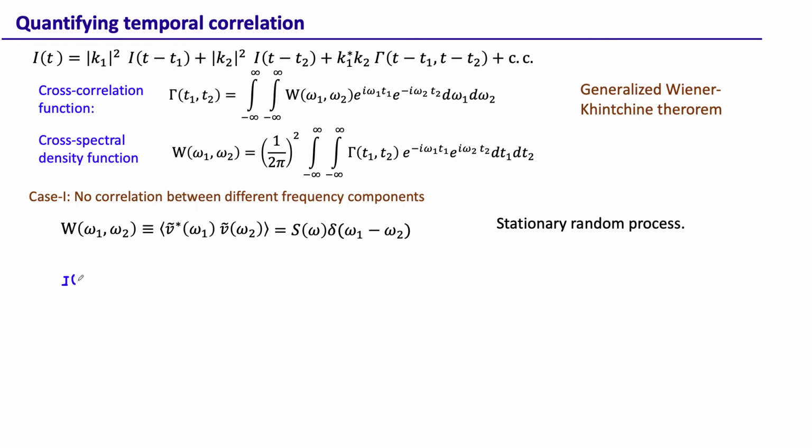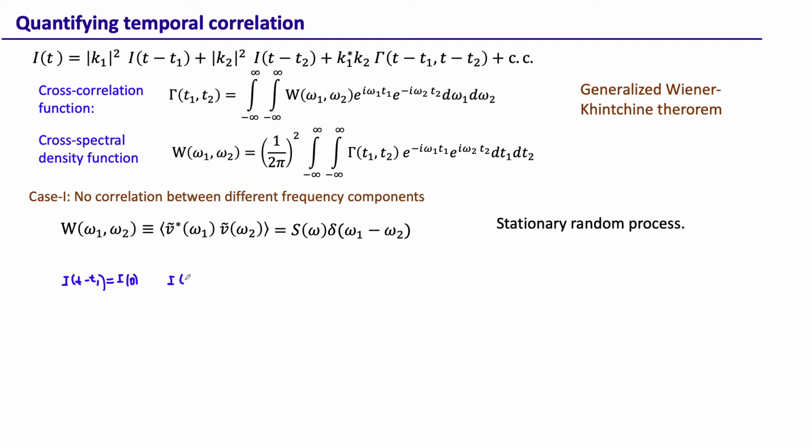this I(t minus t1) that we have will simply be I0, which is basically saying that it is time independent. The intensity doesn't depend on time.